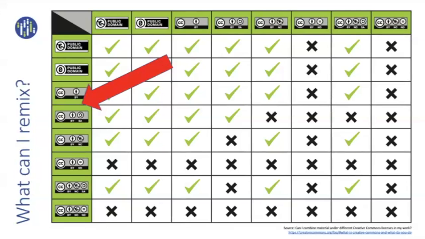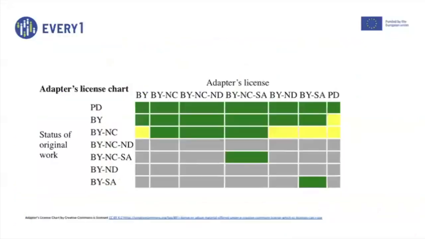It is, of course, compatible with CC BY because that requirement to attribute is included in all of the 6 Creative Commons license types. So this hopefully gives you a little bit of an idea of compatibility and what kind of license types to look for when you're thinking about remixing and putting content together to create something new.